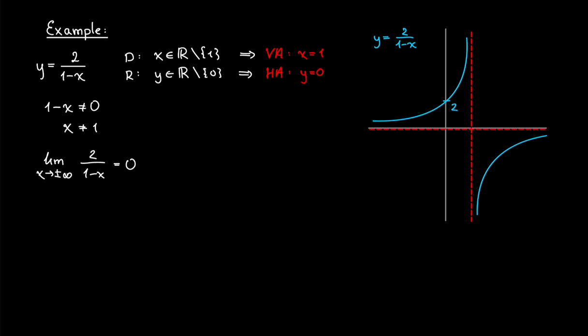Of course, just to be sure, you can always check where the points are, and I think the easiest point to find would be if there are intersections with the x or y axis. In our case, it's only with the y axis because it cannot cross the x axis. Or of course, you can also find any points by plugging in some easier values of x and then finding y.